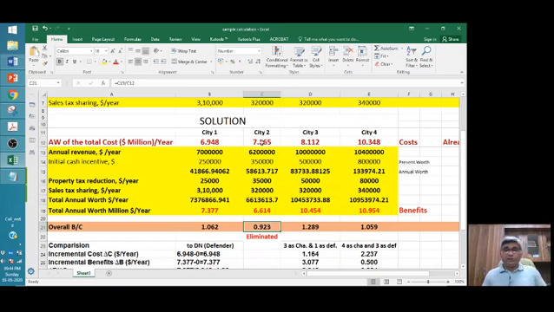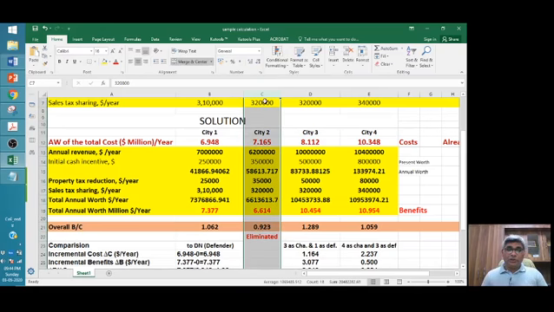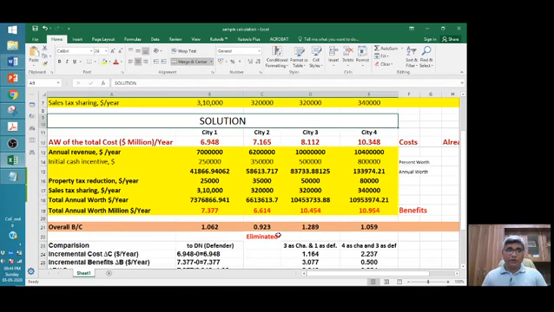So here, for city 2, the overall B by C ratio comes out to be 0.923. So this will be eliminated in our calculations. I have already written here, this will be eliminated.